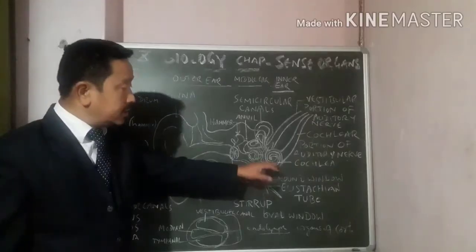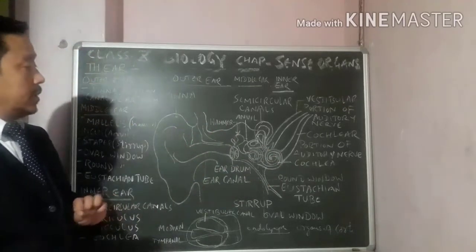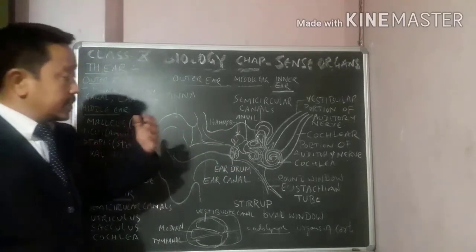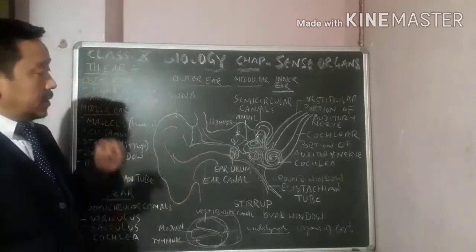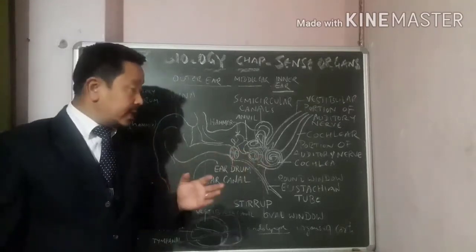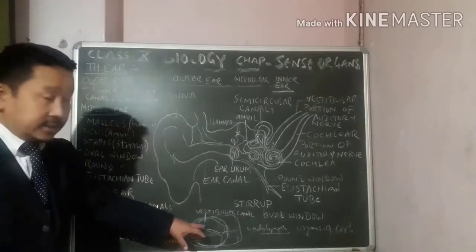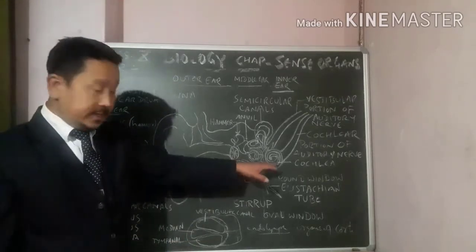The internal canals of this cochlea are divided into three parallel canals as they are shown here, separated by means of membrane.